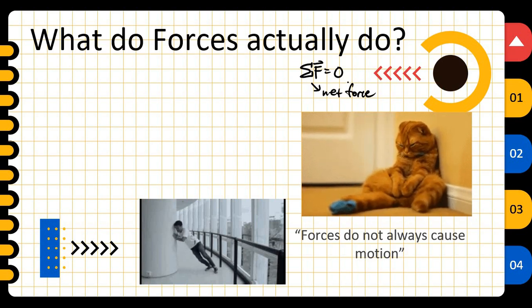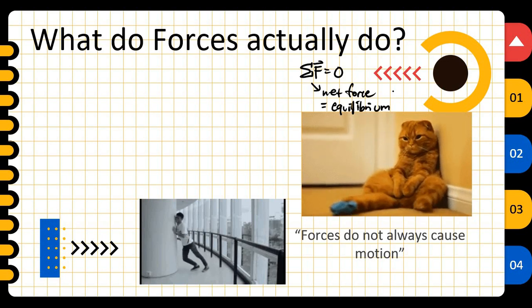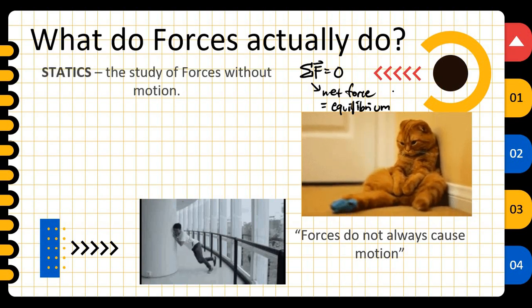So the net force is equal to 0, which means again that the system is in equilibrium. Alright, so if the system is in equilibrium, therefore it is not under the branch of dynamics, but rather this is now under the branch of statics.